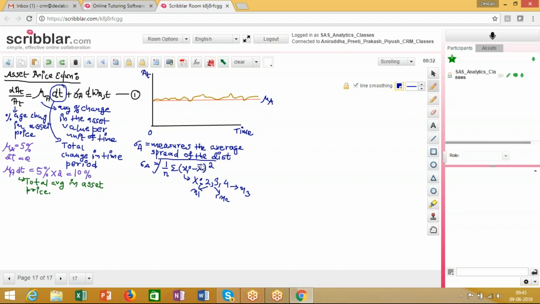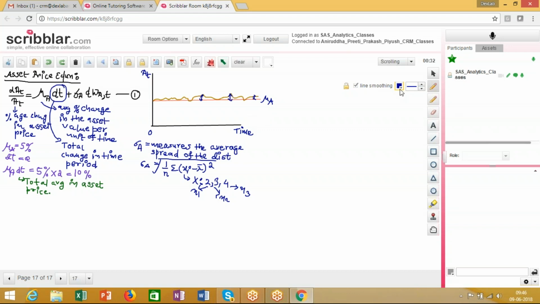Great. So now over here, if we think about this sigma A, sigma A gives us an idea about the overall dispersion from the mean, the overall fluctuation from the mean that I have, right? So when I have this fluctuation about the mean, the next question that comes to us is that this fluctuation is an average value.